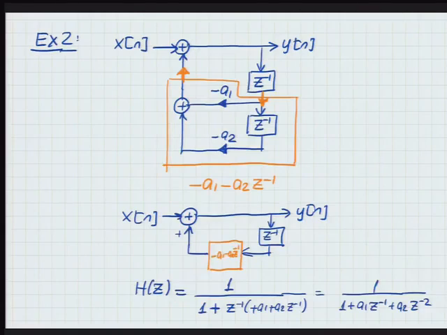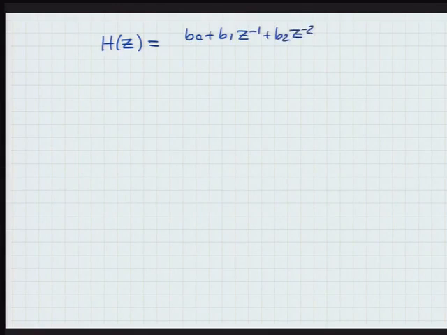So using these two, if I ask you to find an implementation, some realization for this transfer function, B0 plus B1 Z inverse plus B2 Z to the negative 2 over 1 plus A1 Z inverse plus A2 Z to the negative 2. Okay? So what I'm asking you is, what is a block diagram that will give me this transfer function, looking at the results of examples 1 and 2?